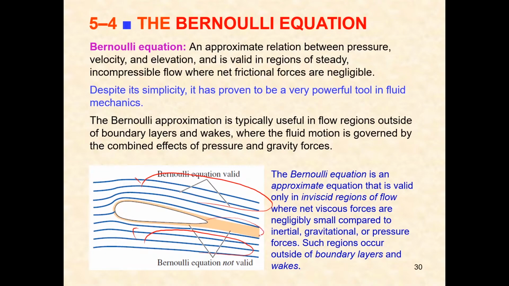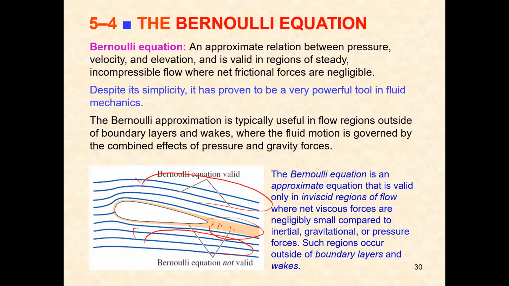Meanwhile, behind the airfoil that we can see here, these shaded regions are unsteady regions where a wake emerges from the back of the airfoil itself. So these are regions where the Bernoulli equation is not valid, due to the unsteadiness of the fluid in those regions. It is also only valid for incompressible flow and where frictional forces are negligible.